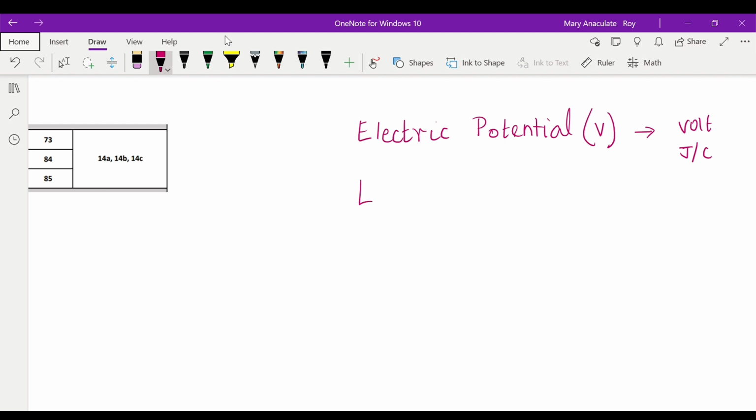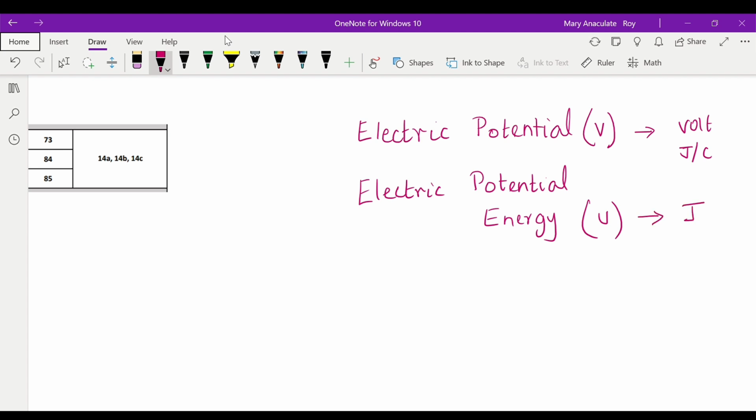Electric potential energy is denoted by the letter U. Don't get confused with the two and swap the formulas. Potential energy we always refer with U, and its unit will be joules. So electric potential is V, electric potential energy is U, and what are the formulas for a point charge?